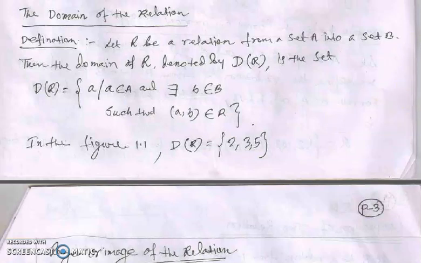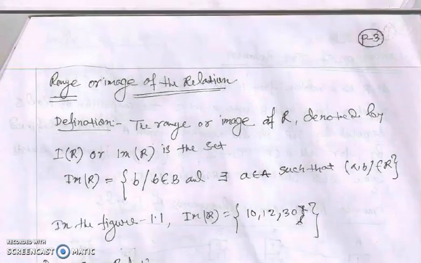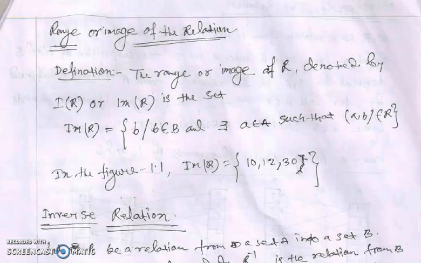Next we understand the meaning of the range or image of the relation. You can easily observe the definition written on your screen. The definition says the range or the image of R, denoted by IR, because the spelling of image starts from I. Some books use the notation Im, the first two letters of image.